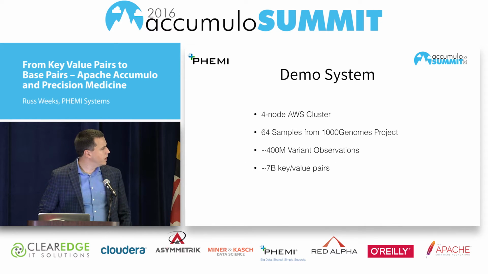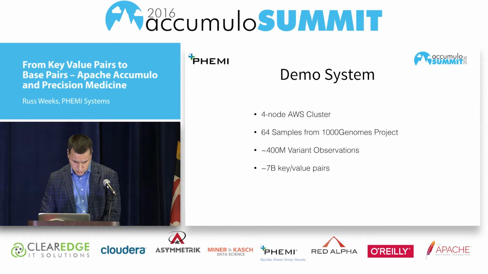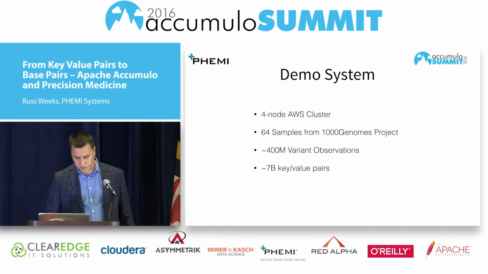So it's not big, but it's big enough, I think, to prove a point. So if we run this, we can see that it comes back very quickly. This is not using cached data. This is just hitting the Accumulo tables directly. And we're getting 367 results back in sub-second response time.